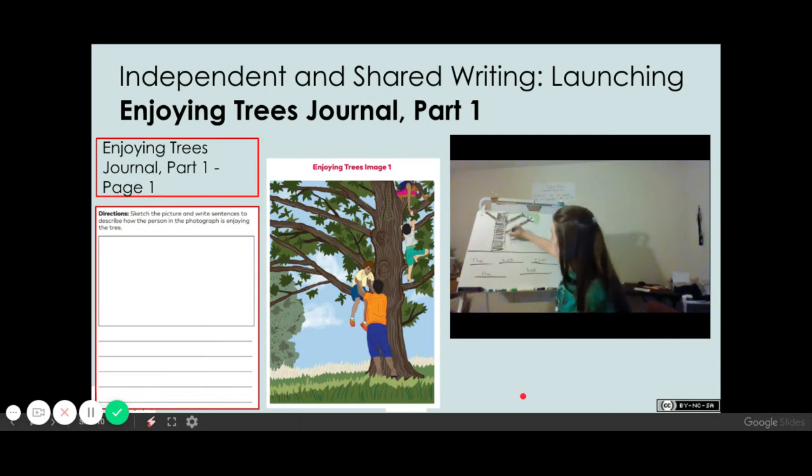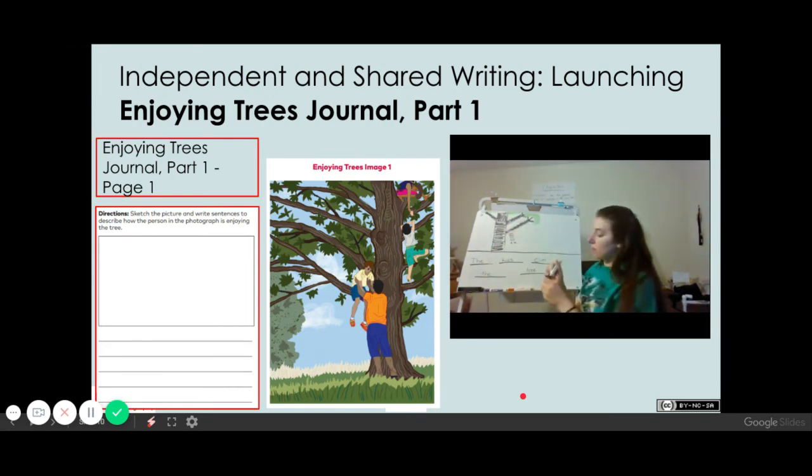And let's see, I can color in her dress and give her a smiley face because I know she's having fun. And some eyes and maybe some shoes. All right, and there's my girl climbing on my tree.